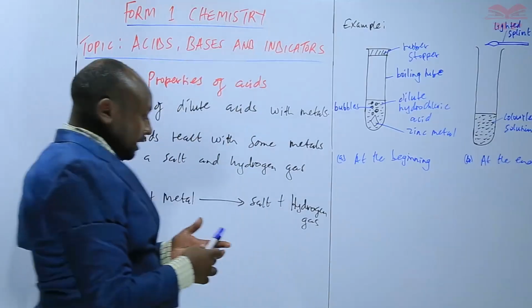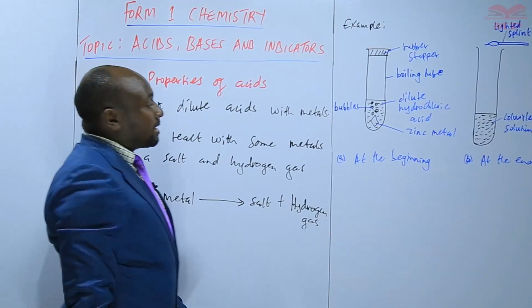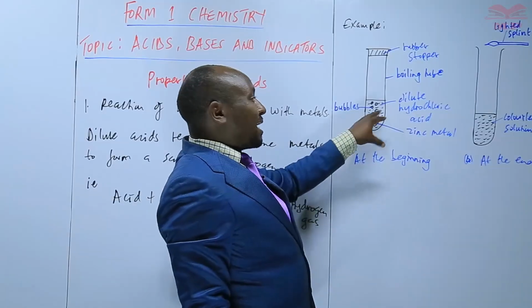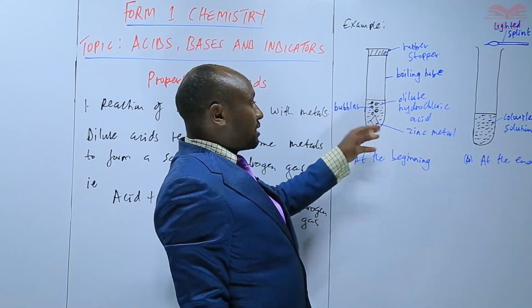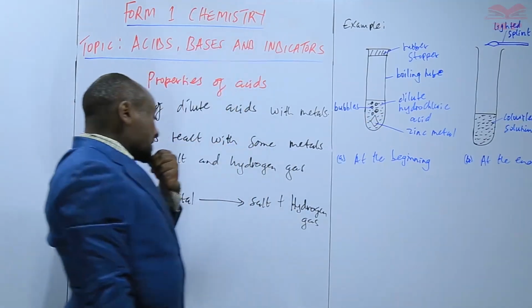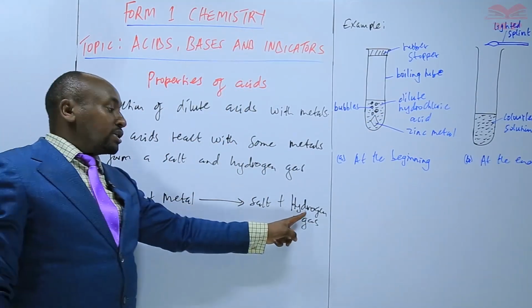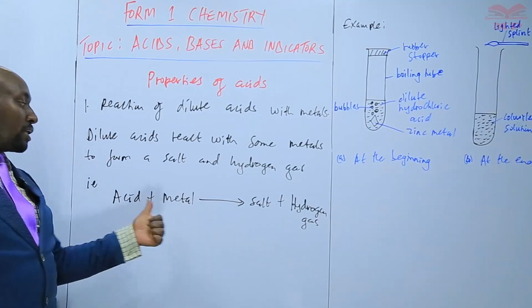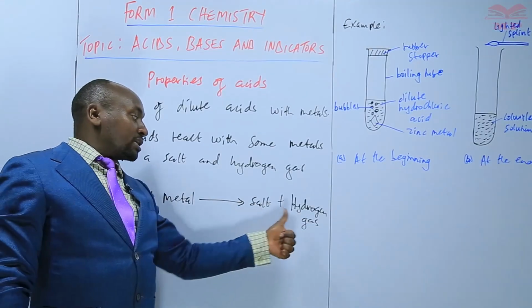So we are saying that when the zinc metal is put into dilute hydrochloric acid, bubbles are observed. You see the bubbles, and that is because there is a gas being produced, and that gas, as we have seen, is hydrogen gas. Anytime an acid reacts with a metal, we'll get a salt and hydrogen gas.